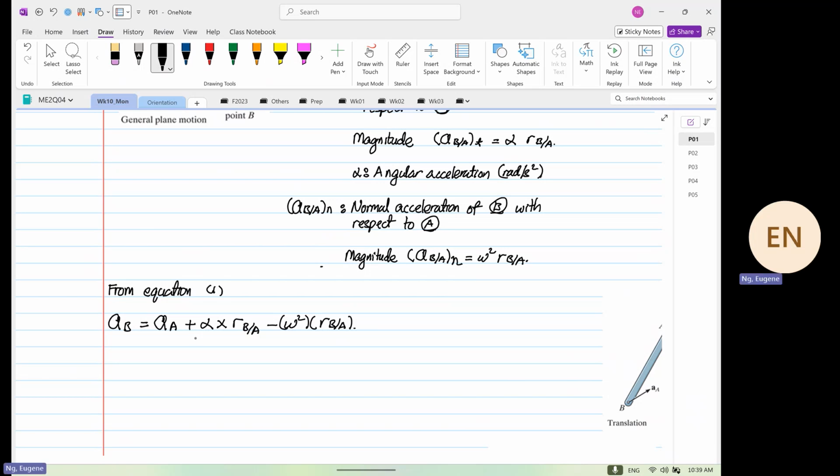So over here, this is the tangential acceleration, and over here is the normal acceleration.